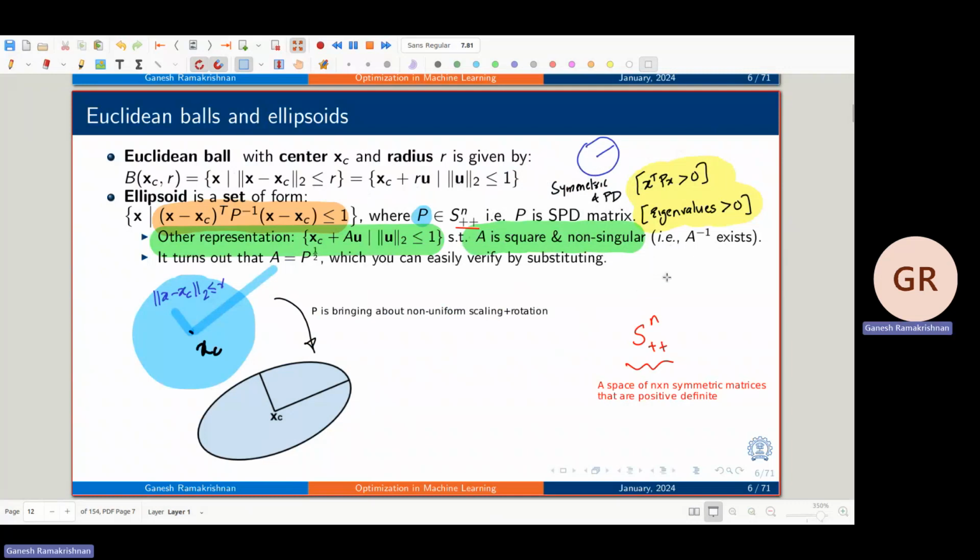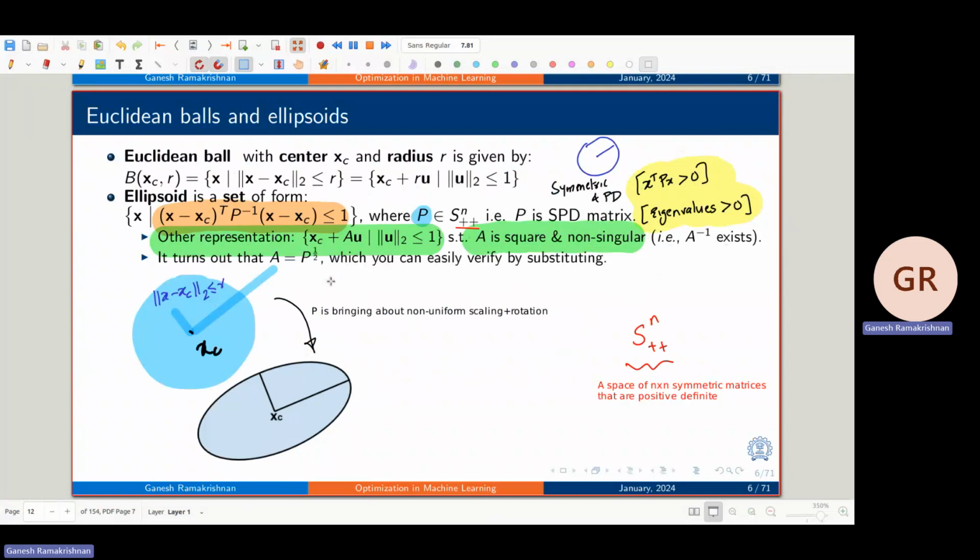Okay. So now, what is the connection between A and P? It turns out that A is like the square root of P. You can actually verify that by substituting. But to get the square root of P, you can use the eigenvalue decomposition and exploit the strict positivity of the eigenvalues.